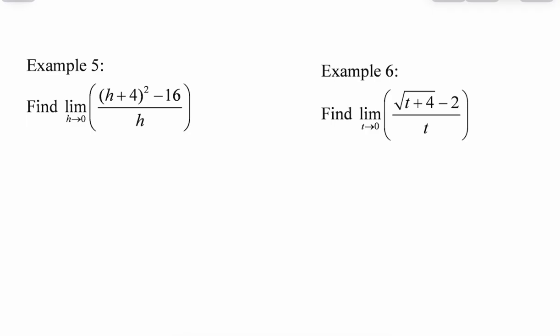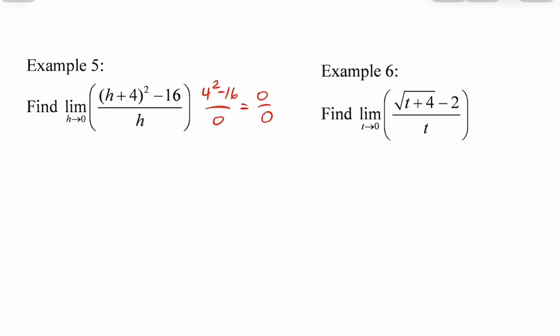If I try direct substitution on example 5, I get 4 squared minus 16 over 0, which is 0 over 0.